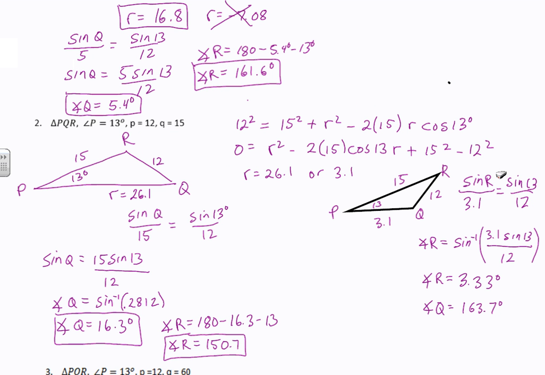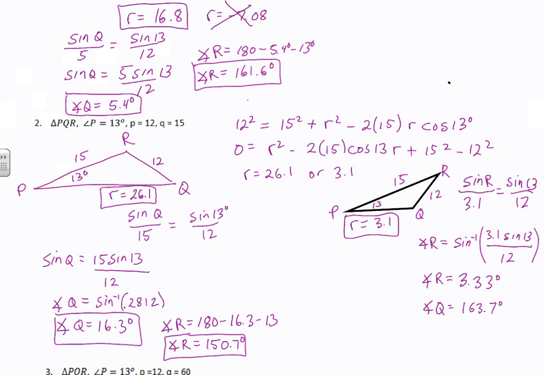Okay, I finished solving this problem, and I solved for both triangles, and here are my two different R values. R is equal to 3.1, or R is equal to 26.1 in that triangle. I solved the rest of the big triangle by using the law of sines, got 16.3 degrees for Q. I subtracted to find angle R and got 150.7 degrees.